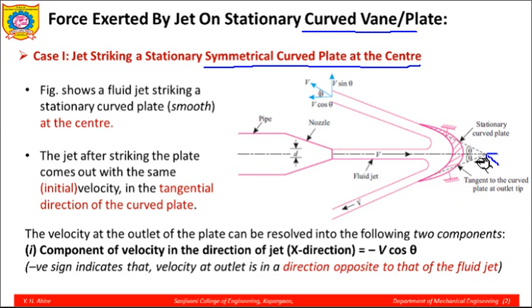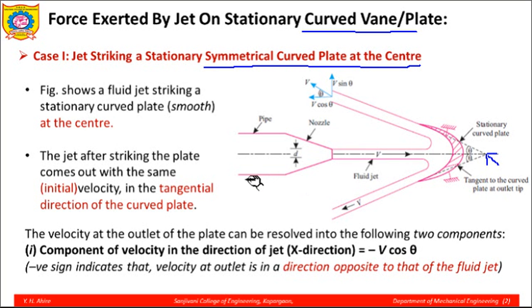When both angles made by the two tangents at the two tips of the curved vane are the same, we say it is a symmetrical vane, symmetrical in construction about the x-axis.